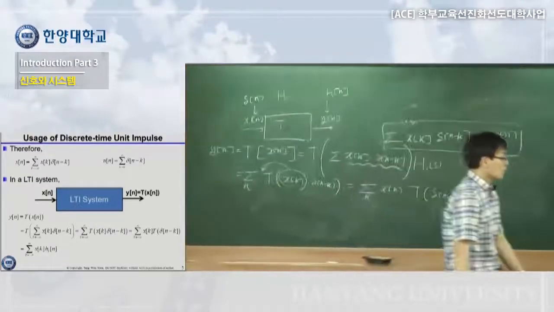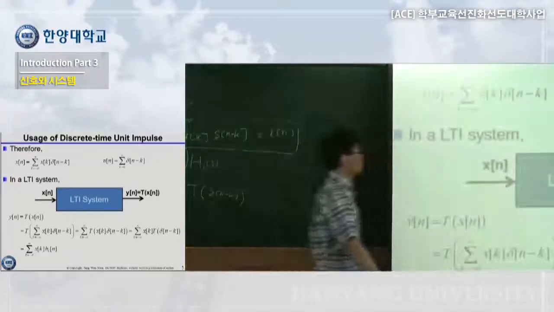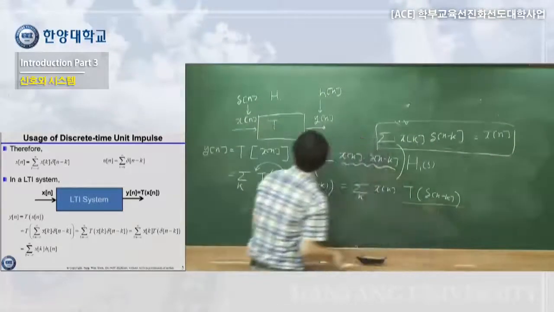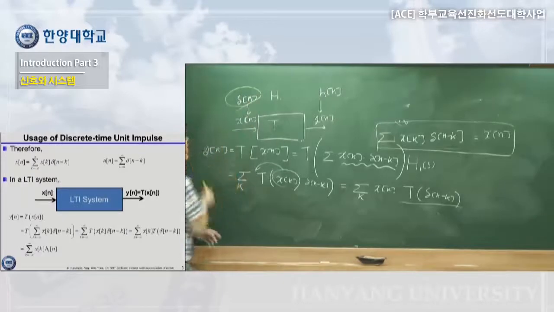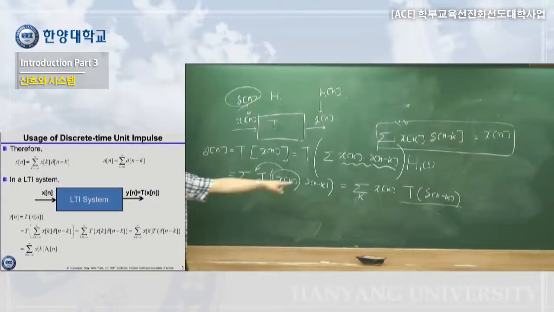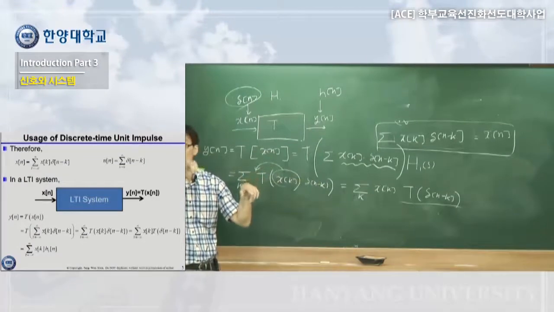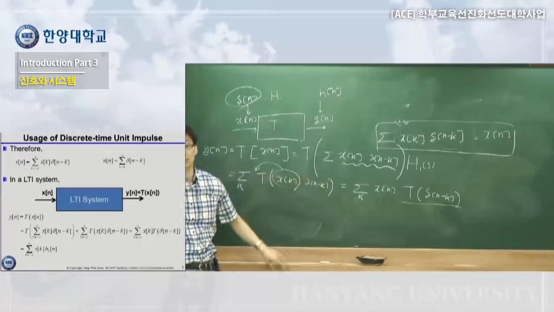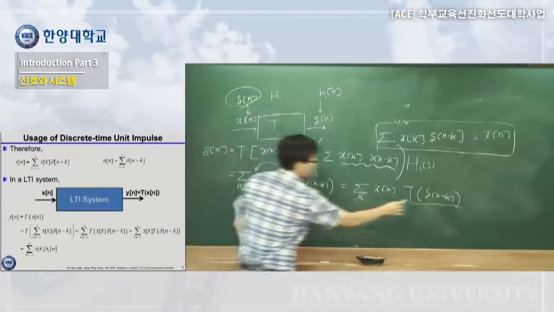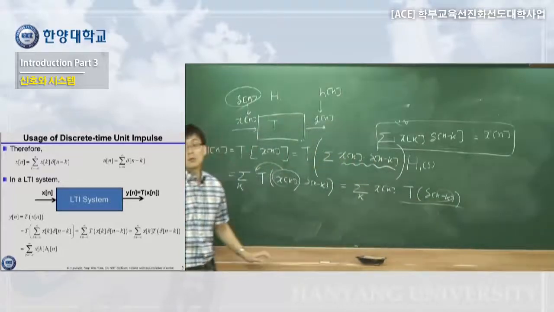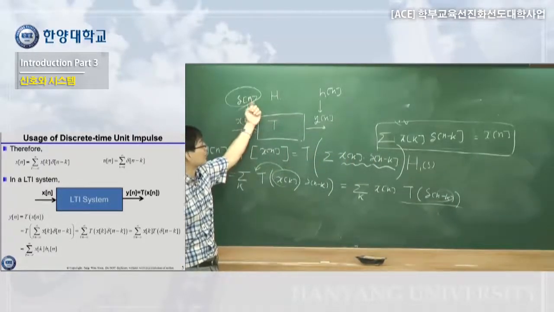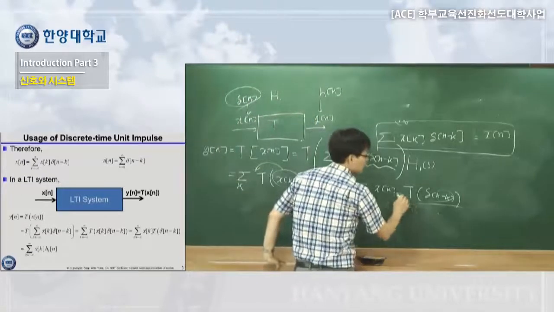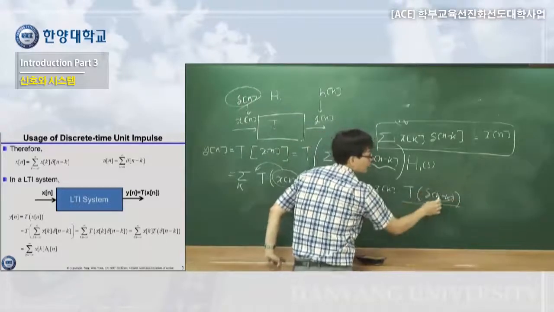So we can rephrase that. T means the function that this black box performs. We have an input of delta[n minus k], which is a delta. The input to the system is a delta, and the output of the system is h. So the output will be the output of the system when the input is delta[n minus k].